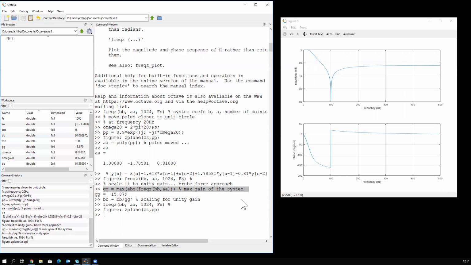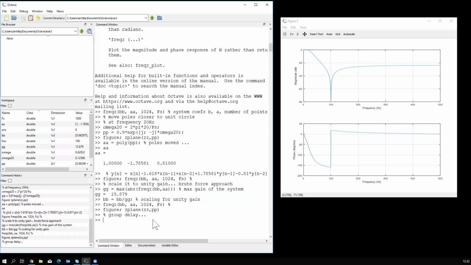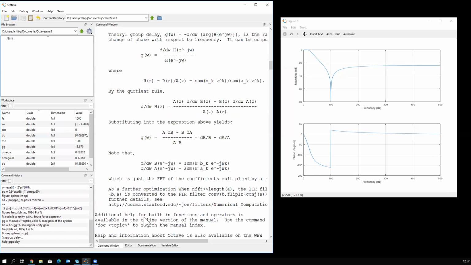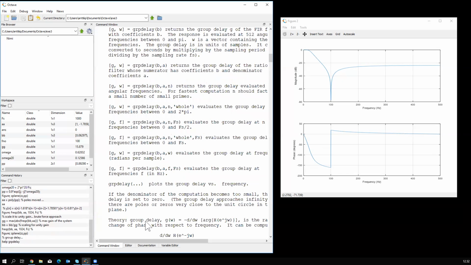And practically, there's only one thing left to do in here, how to calculate the group delay. Now I need to remember. Was it group delay? Yes, it's group delay.